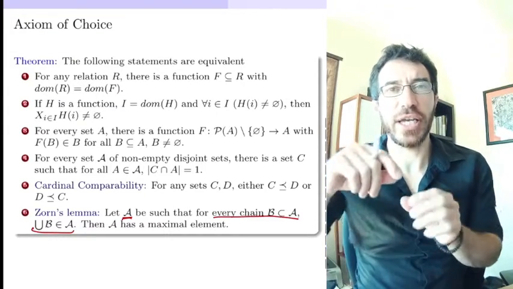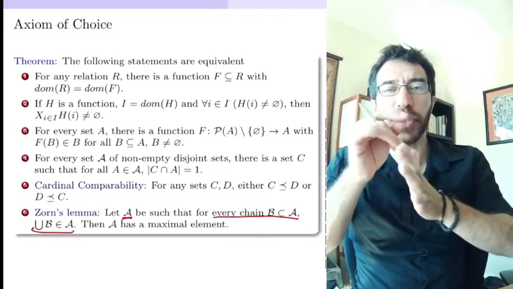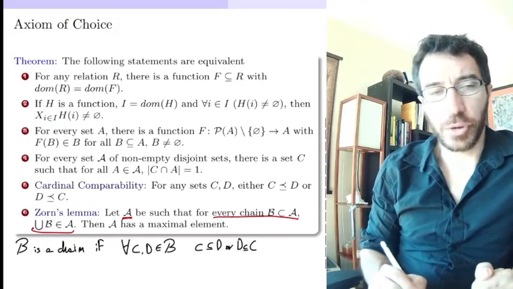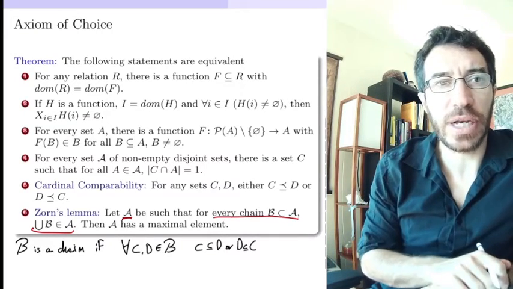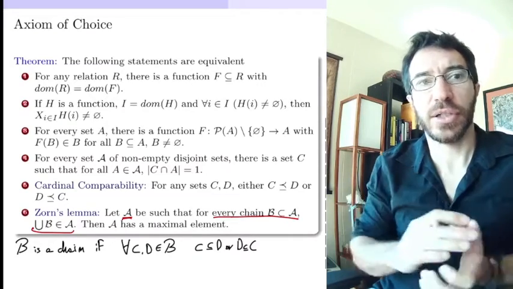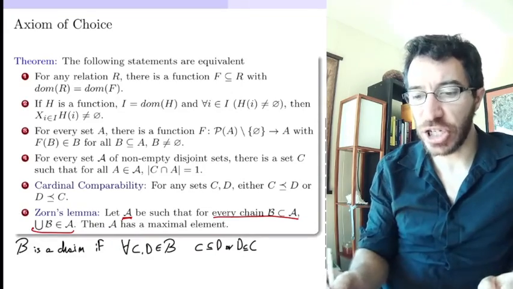Remember, a chain is a subset such that all the elements inside are comparable under inclusion. So B is a chain if whenever you take two elements from it, one must be included in the other as a set.